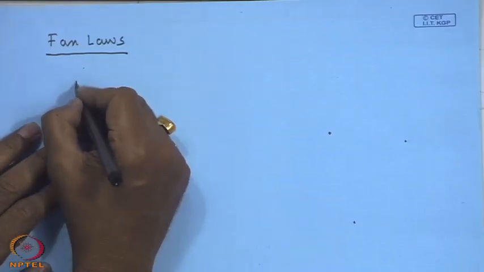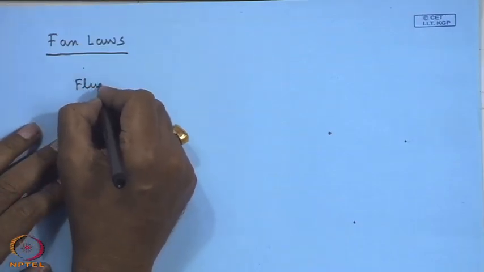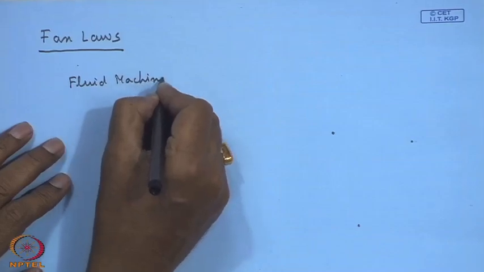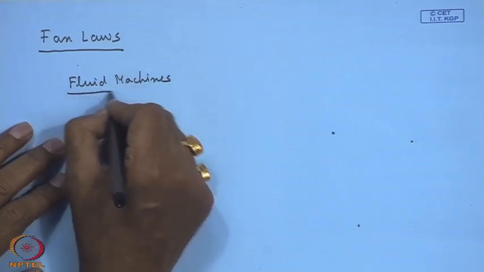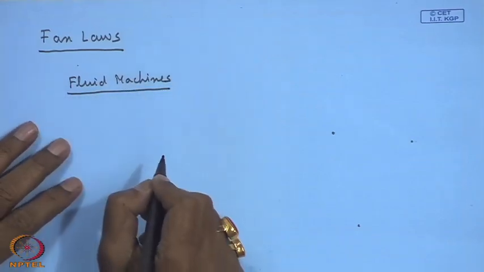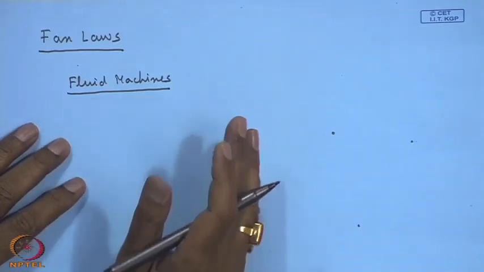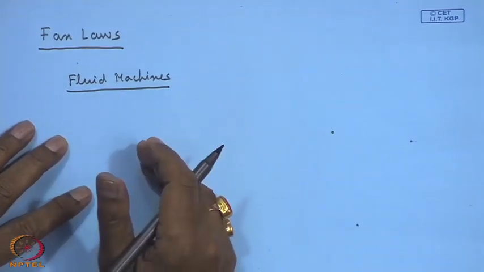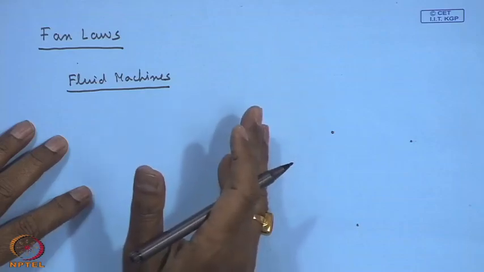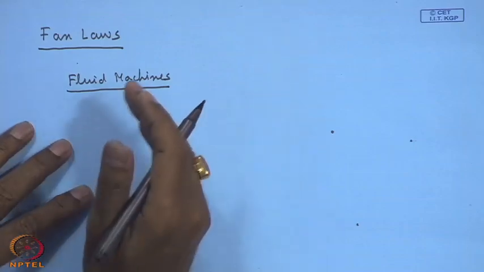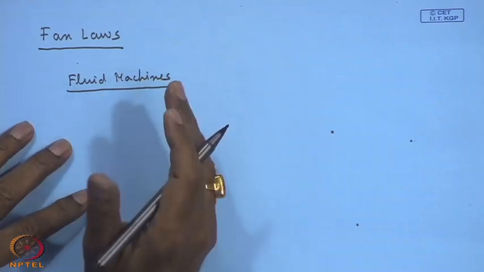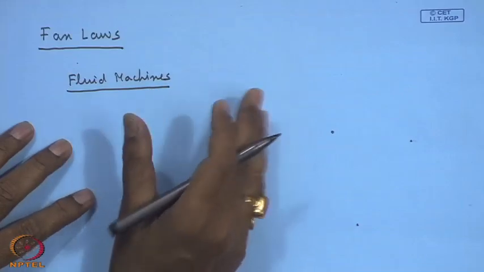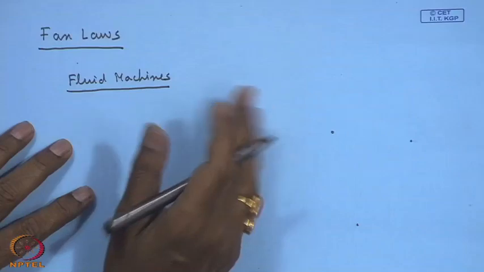Now, in general for any fluid machines, when I discussed the similarity principles in one of the earlier lectures in fluid mechanics, from all the variables involved in the physics of fluid machines, we derived by application of Buckingham's pi theorem the different pi terms as the criteria of similarity parameters.